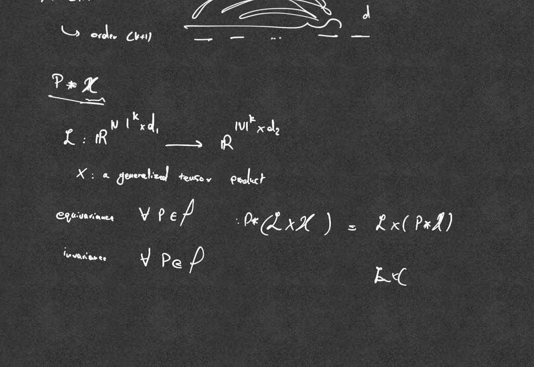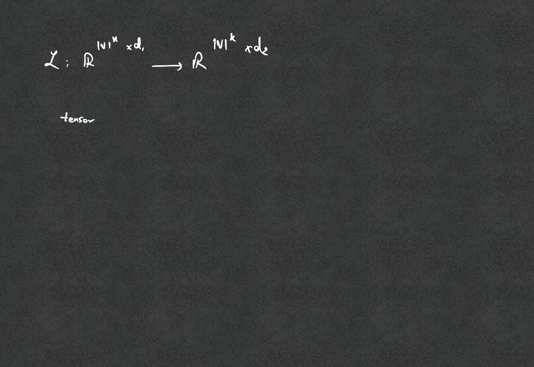In terms of invariance, you will have this. Now if you consider an equivariant operator L that takes this to this, it will be equivalent to a tensor version of L, which is of these dimensions.